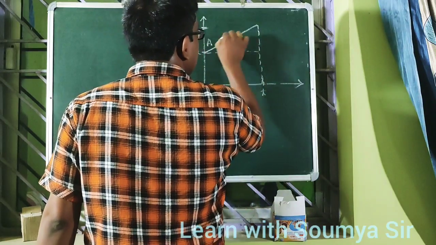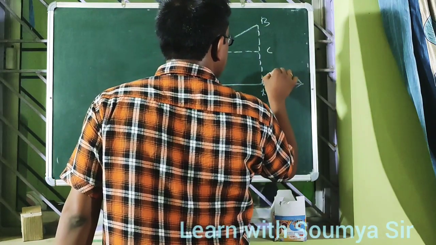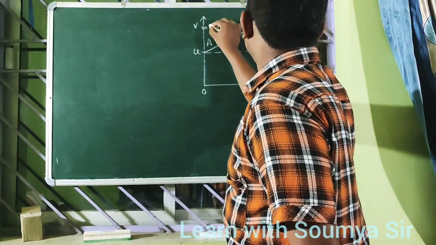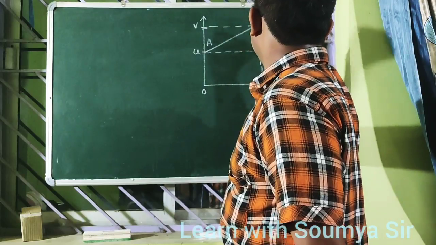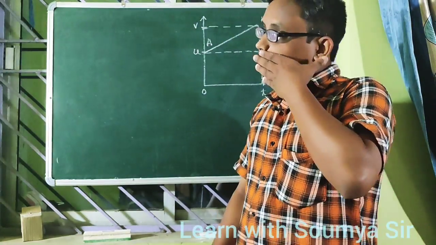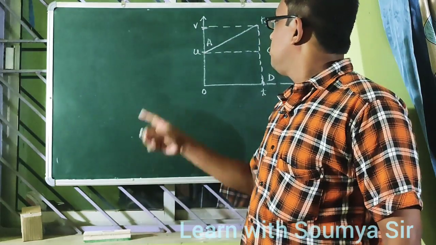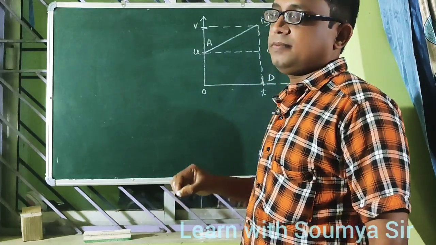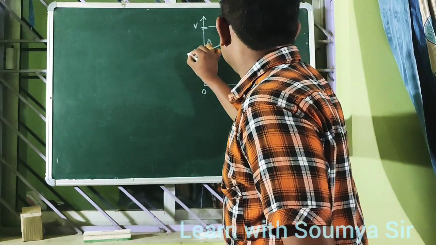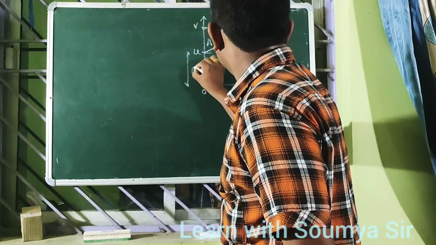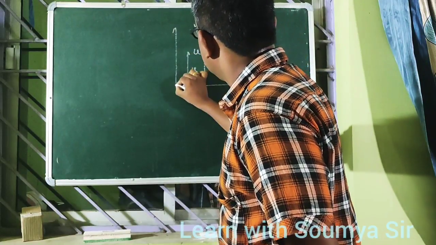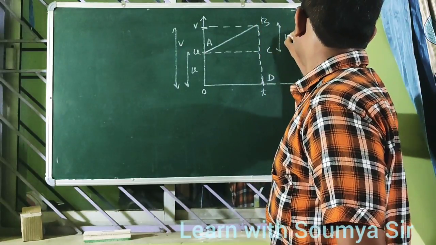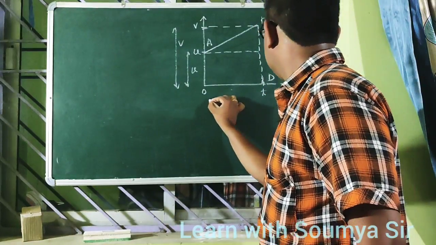This is A, this is B, this is C, this is D. So the velocity of the body is changing from u to v exactly at time t. From here to here, this is u, here to here, this is v, and here to here, this is v minus u, and this is t.